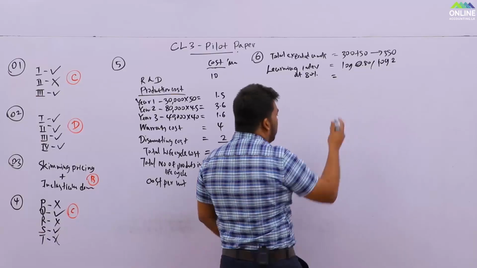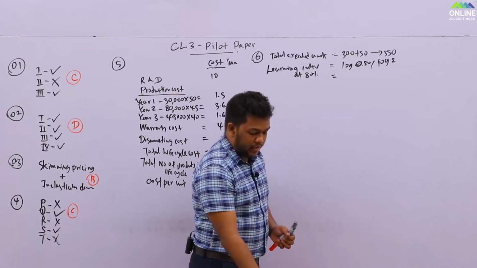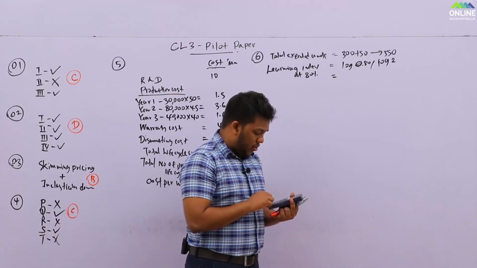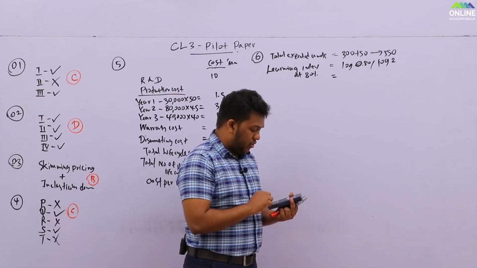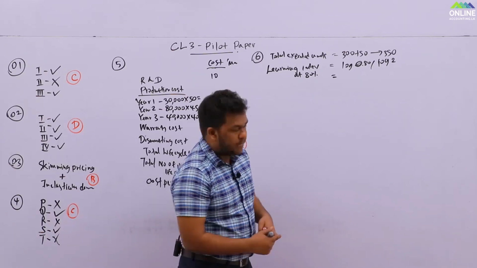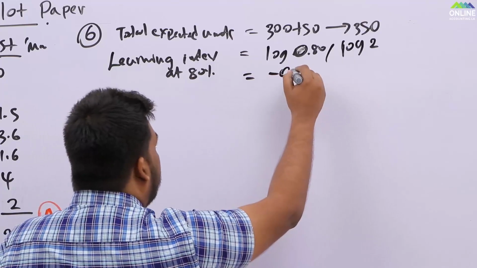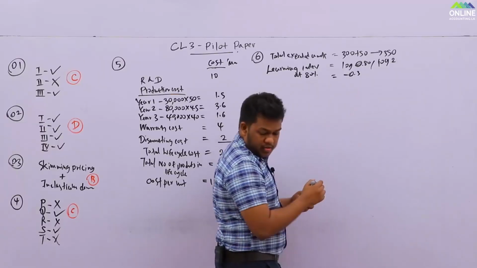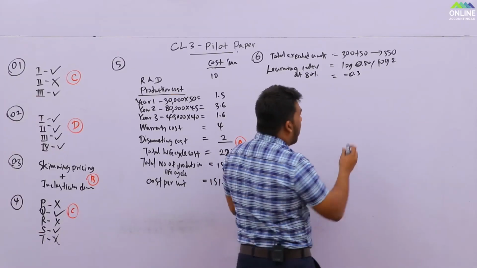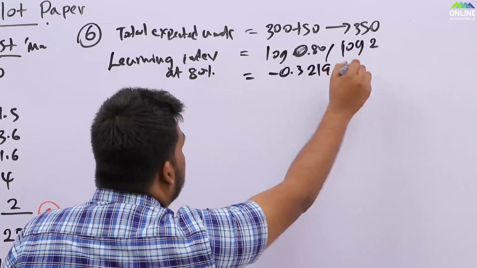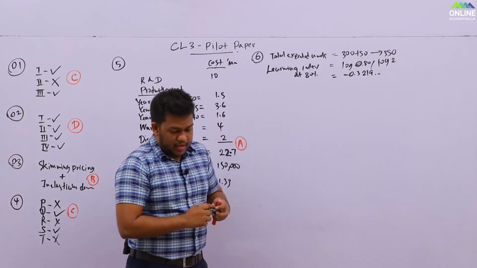So the answer would be, get the calculator and put log 0.8 divided by log 2, that is minus 0.32119. It will go like that.